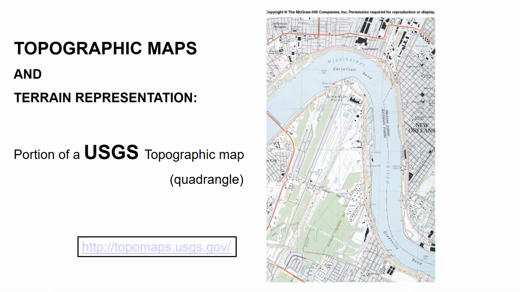Now, to completely change topics at this point, the next topic is topographic maps. These maps use contour lines to indicate the lay of the land, the surface features, and so forth. I don't do a lot with topographic maps in Geography 1010.